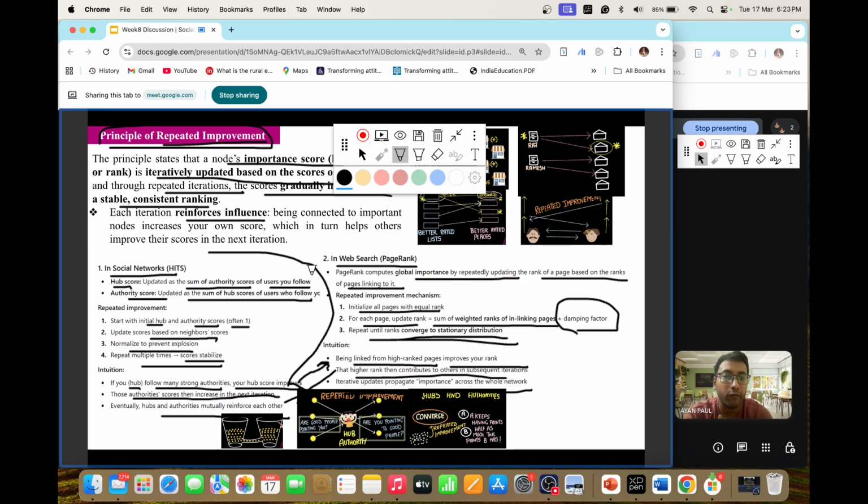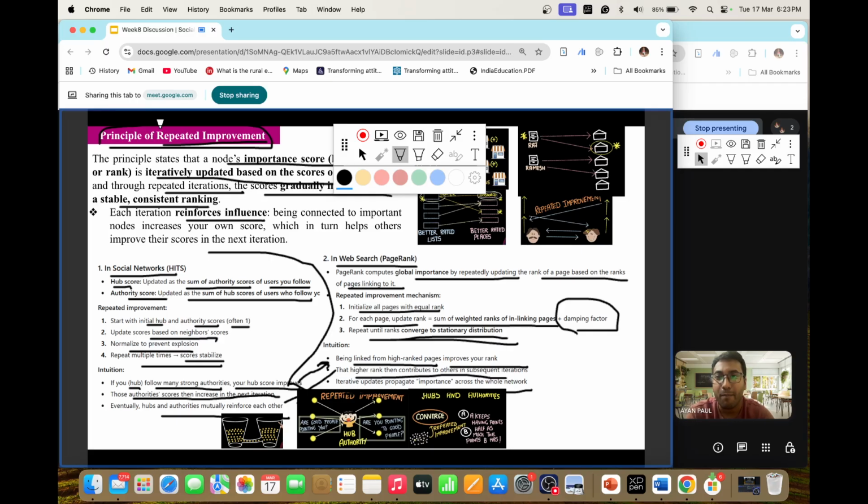Here, if a page is linked from high-rank pages, it will increase its page rank. And as the page rank of those pages increases, the higher rank contributes to subsequent iterations. So iterative updates propagate importance across the whole network.